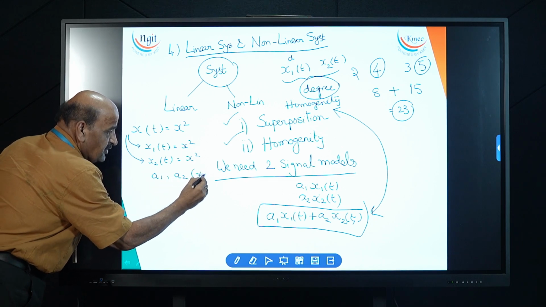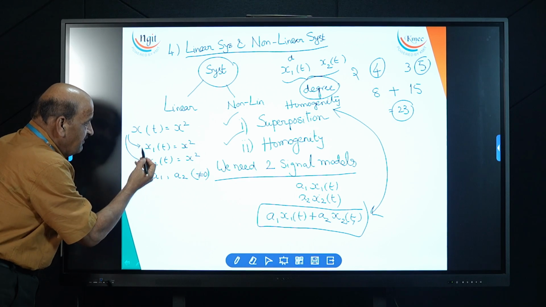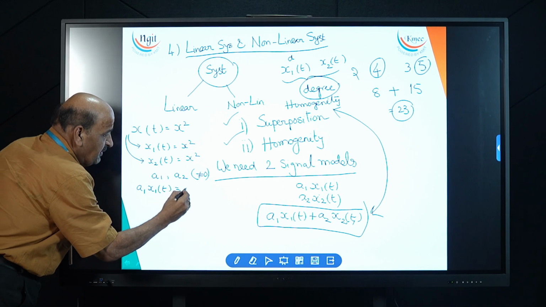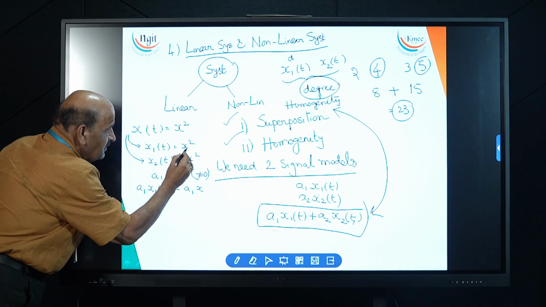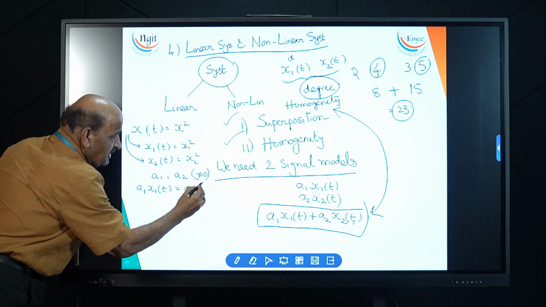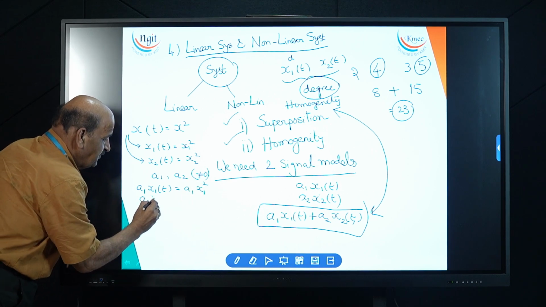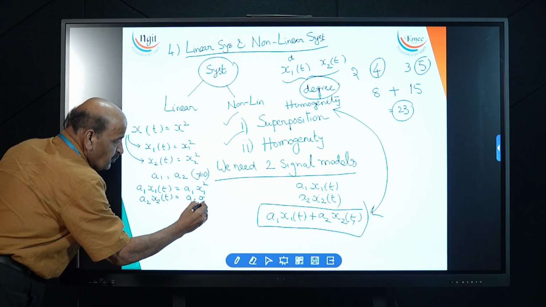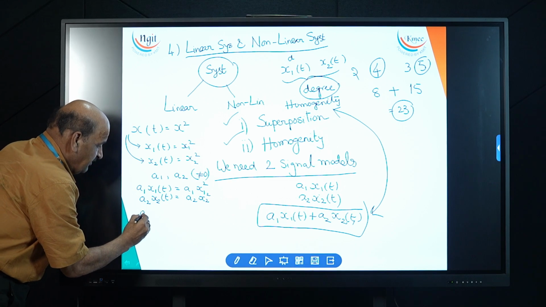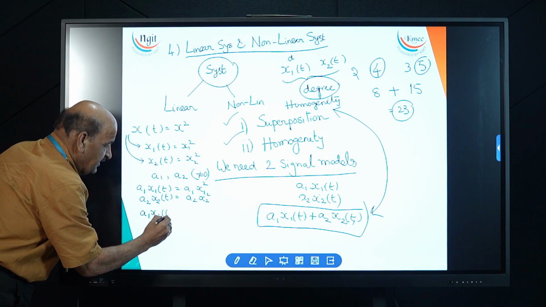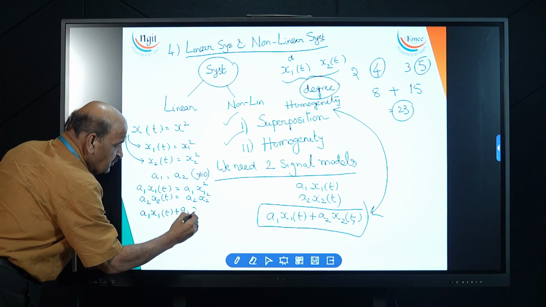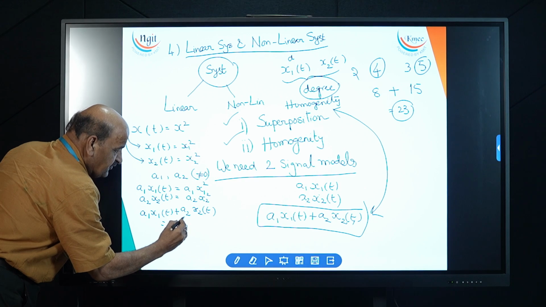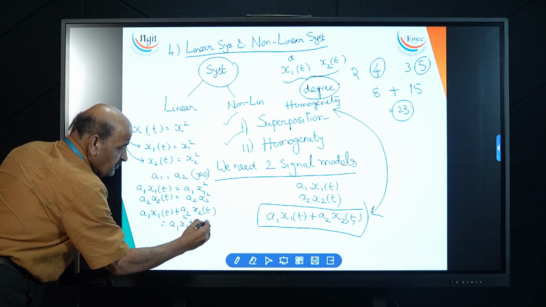Multiply a1 with x1 of t, so this becomes a1 x1 square. Next, multiply a2 with the second signal x2 of t. This becomes a2 x2 square. Now a1 x1 of t plus a2 x2 of t becomes a1 x1 square plus a2 x2 square.